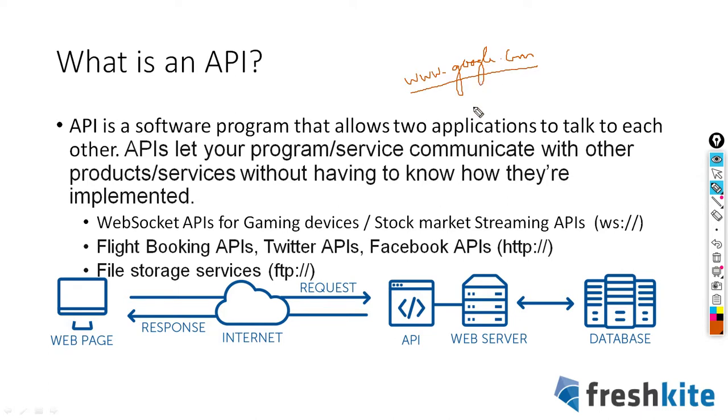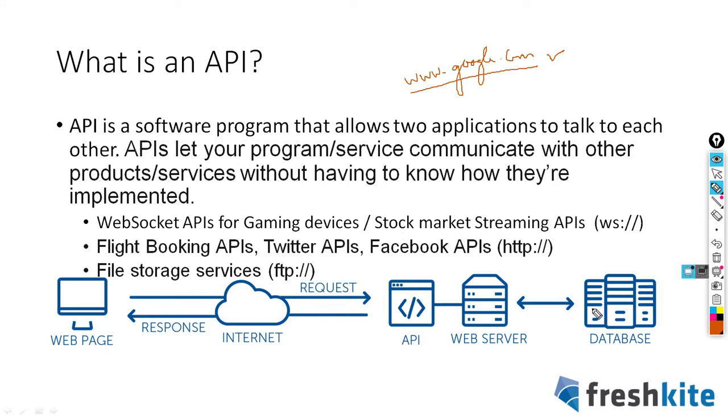Similarly, if you want to run a particular code, using a URL like this you can invoke that code and call that function. The function can query the database and get the information, or it can take information in the request and put it into the database. It can do anything. This is the purpose of an API.